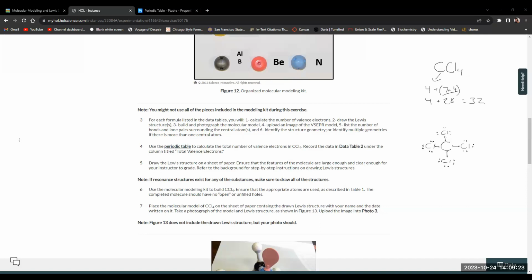Our structure should look like this. Right, yeah, that's a perfect one-to-one. This is what our built structure should look like in the end.